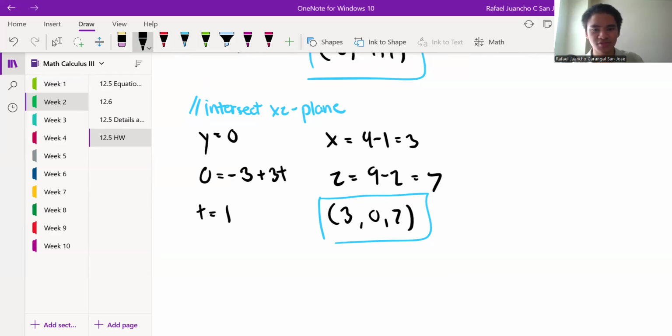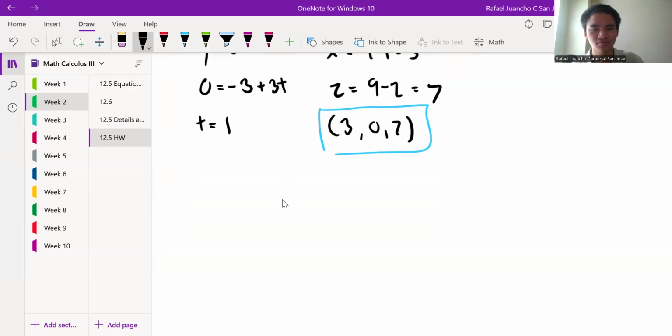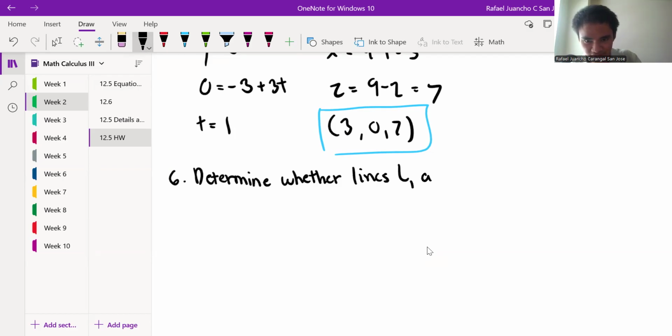Okay, so number 6. Well, here it says we want to determine whether two lines, let's just put lines, and then we denote them as L1 and L2.